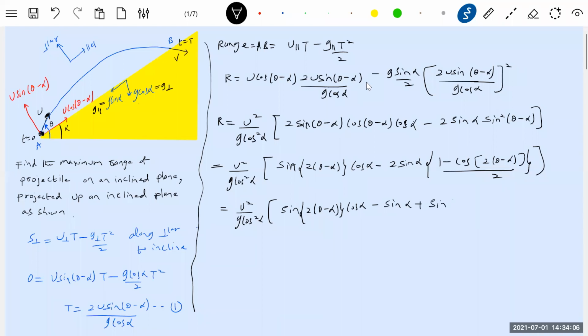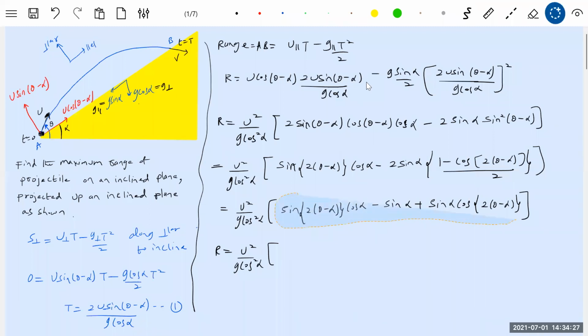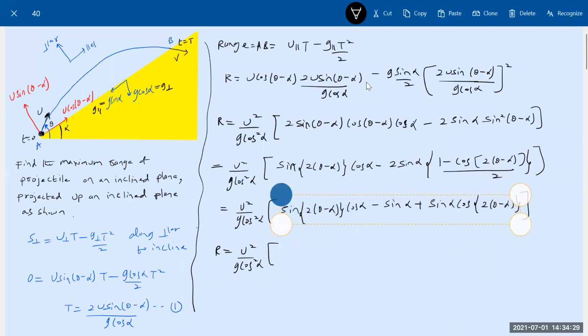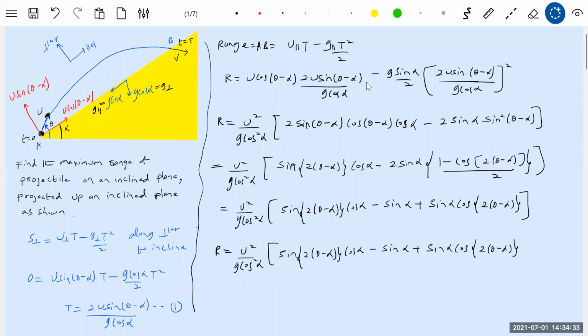So sine alpha, cos of 2 theta minus alpha. Let me rearrange. So same step, I'll rearrange terms.